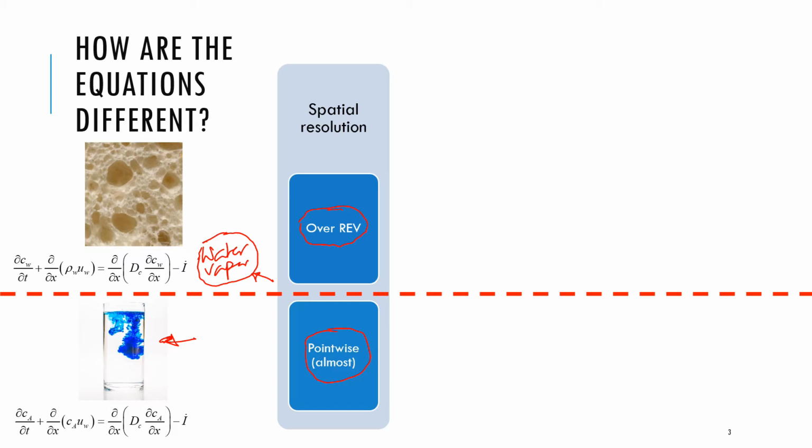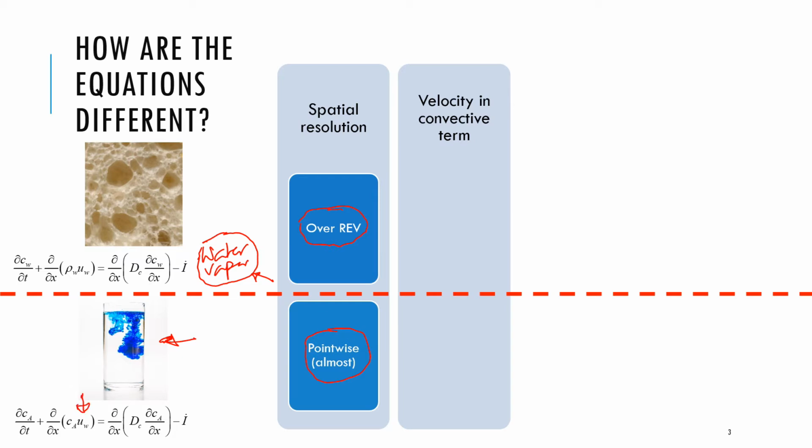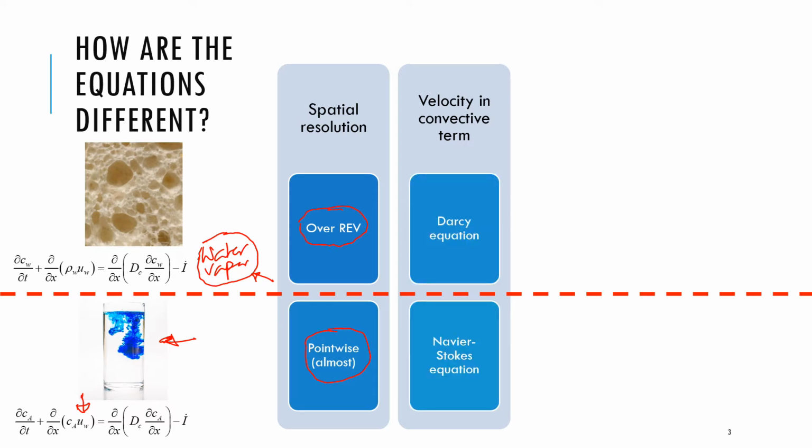Another difference is where the velocities come from. The velocity in the regular transport equation comes from solving the Navier-Stokes equations or some variations of it. But the velocity in porous media is a superficial velocity, and it comes from Darcy equations. So the Darcy equation replaces the Navier-Stokes equations.